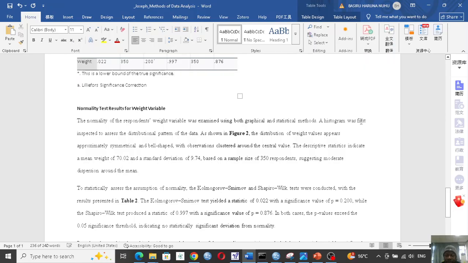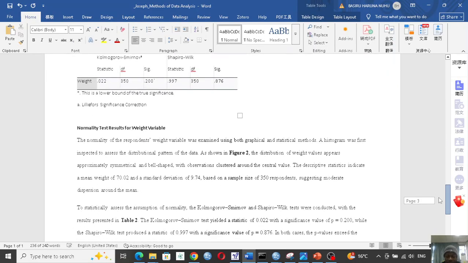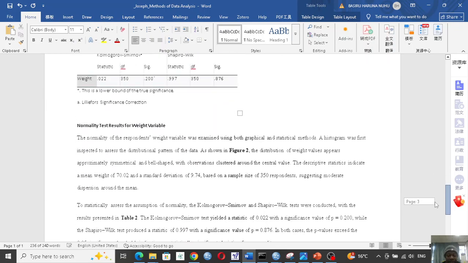A histogram was first inspected to assess the normality. So now, how do they suggest? So now this histogram here also tells the data is normally distributed. So that is what I just described here. So this particular information here just reflects what I was explaining to you here.